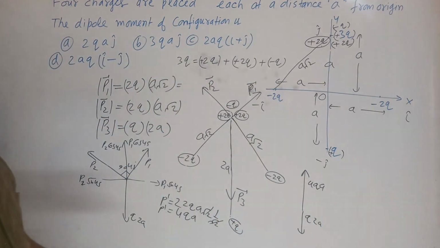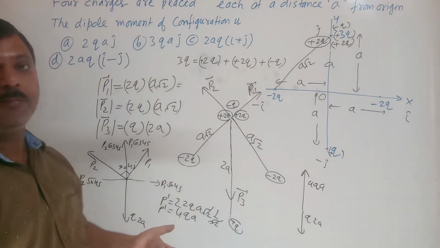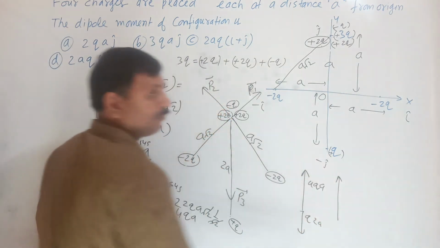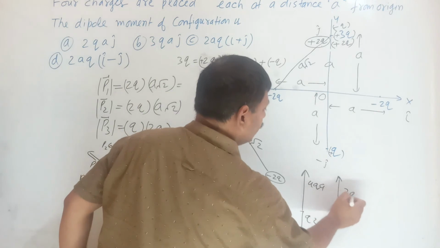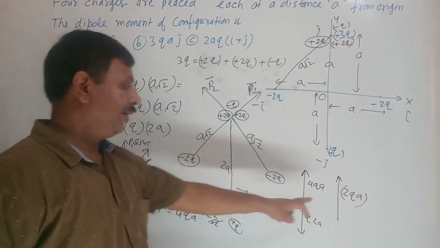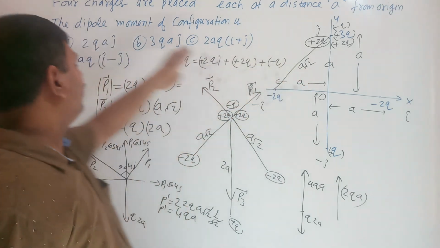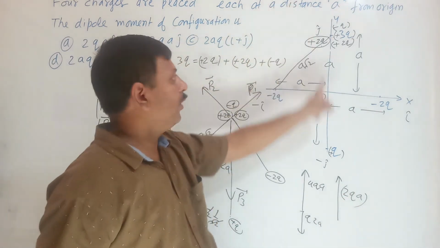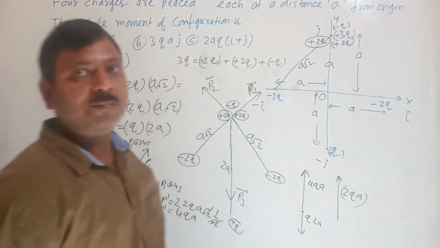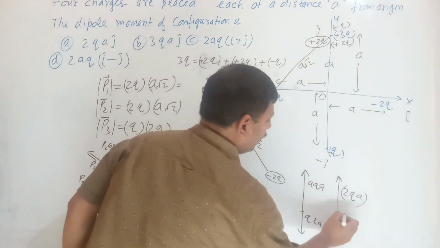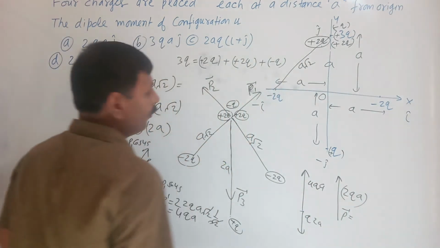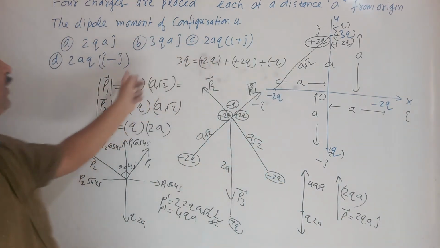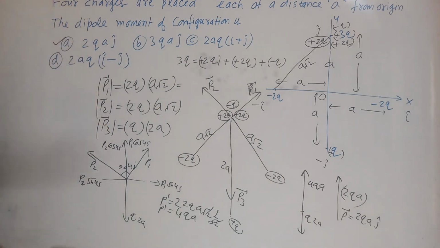So the total dipole moment of our configuration is the difference of these, that is 2qa along the Y-axis, meaning j cap is the unit vector. In vector form, the resultant dipole moment is 2qa j cap. So option A is the correct option.